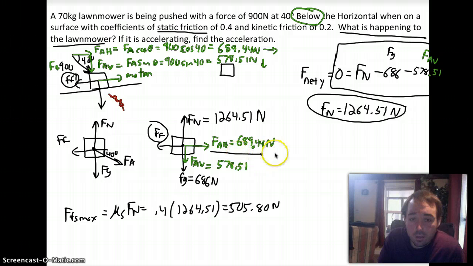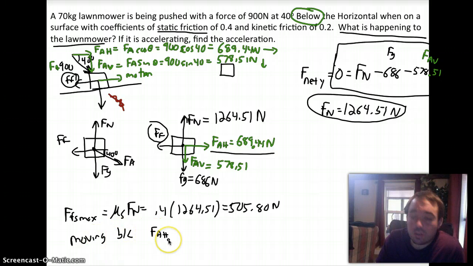So we are pushing hard enough to beat our static friction, so we're making this thing move. What is happening to the lawnmower? It's moving. It's moving because of FAH, the only part that we care about to make the lawnmower move across the lawn. It's not the whole FA, it's not 900 that we look at. FAH is greater than FFS max.